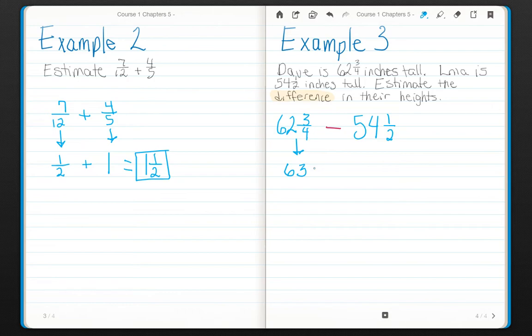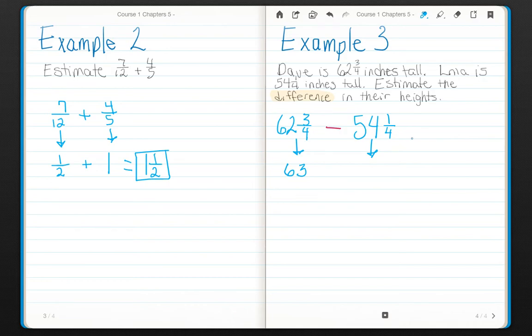54, you know what, I wrote the problem wrong. I apologize. This should say 54 1/4 inches. Now you'll actually have to round. All right. So 54 1/4.